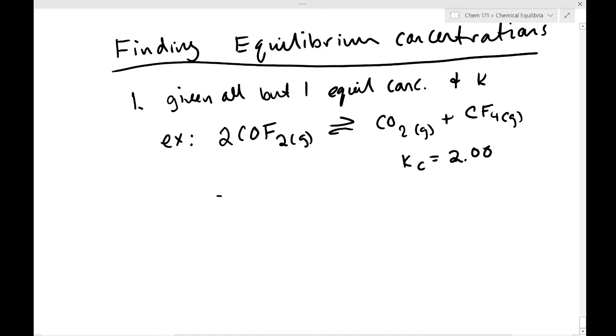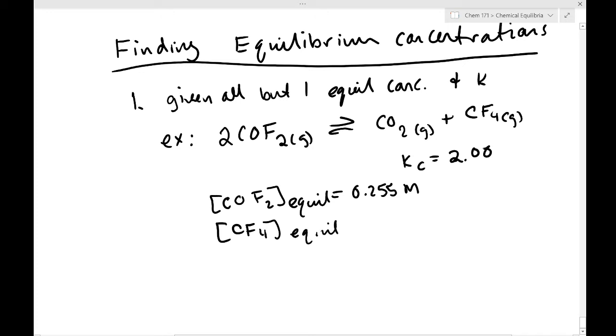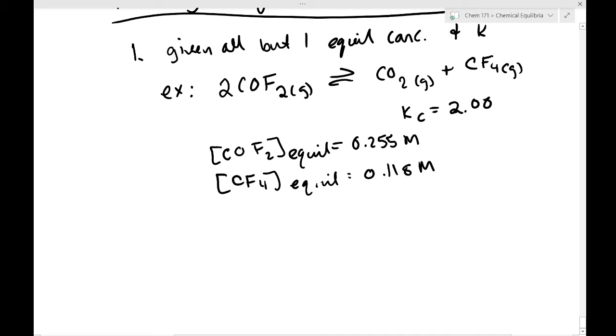We're given some equilibrium concentrations. Okay, so we're given COF2 equilibrium concentration and CF4 equilibrium concentration. The question is, can we calculate the equilibrium concentration of CO2?